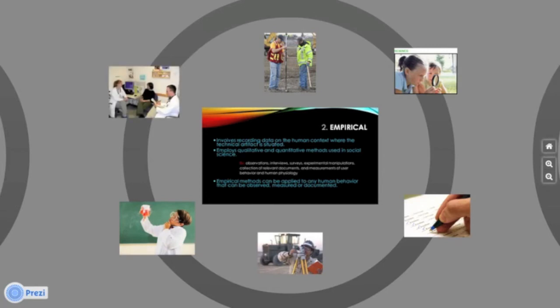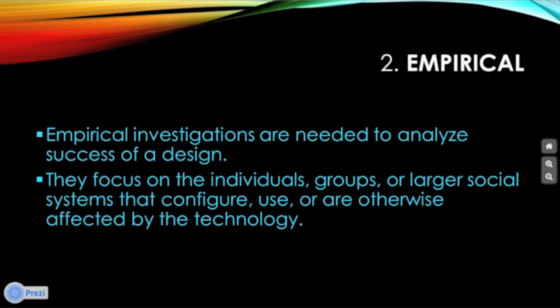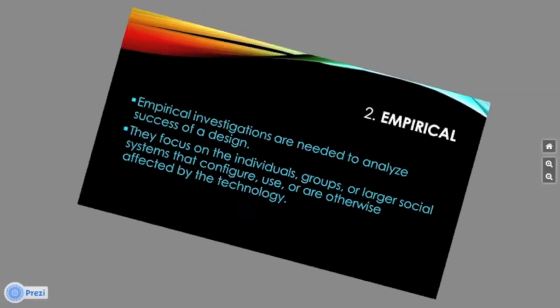An observable and measurable human behavior can be analyzed with empirical investigations. Empirical investigations are what we use to analyze how successful a particular design is. The focus here is on the people who are affected in any way by the technology, whether it be a single person, a group, or a large social system.